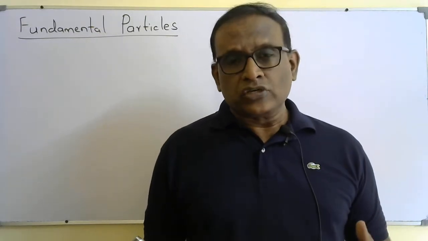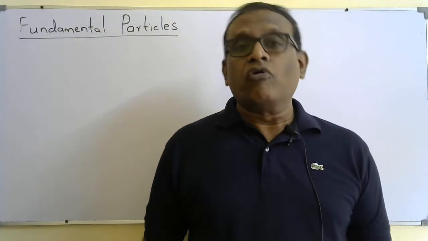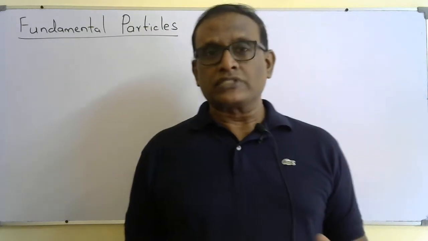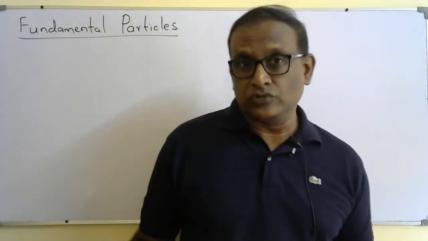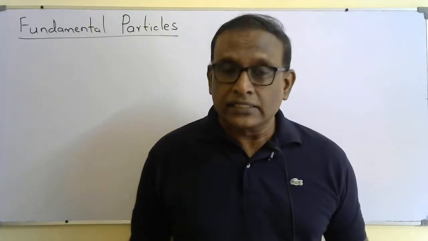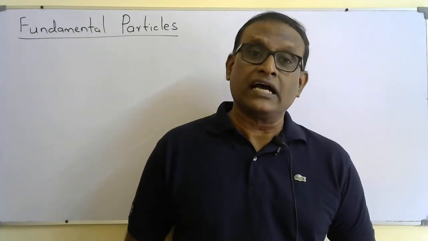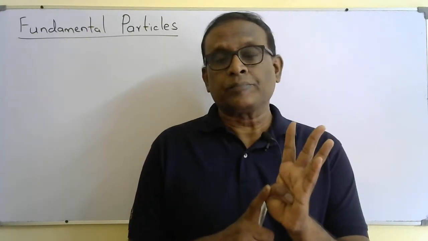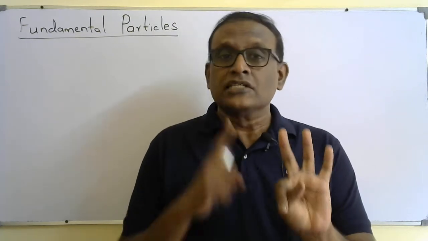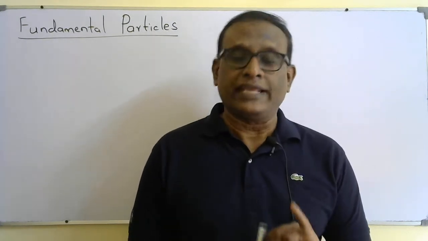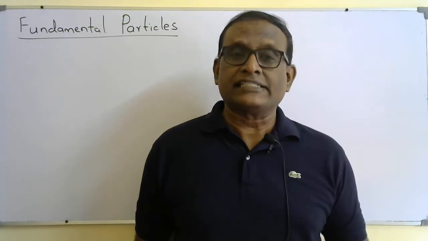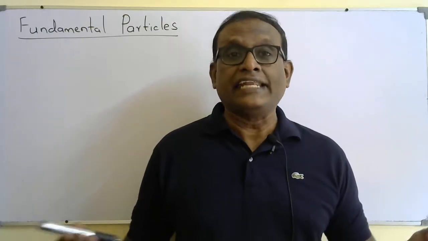So what is strong nuclear force? You know, there are 4 different types of forces. In physics you would have learned that in unit 1. What are the 4 different types of forces? They are electromagnetic force, gravitational force, strong nuclear force, and weak nuclear force. Gravitational force is the force between any 2 masses.